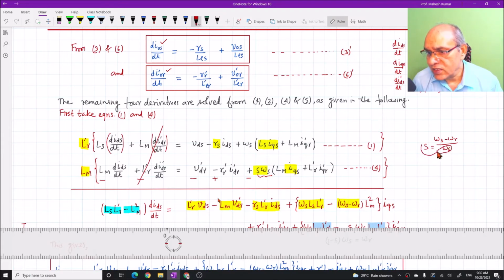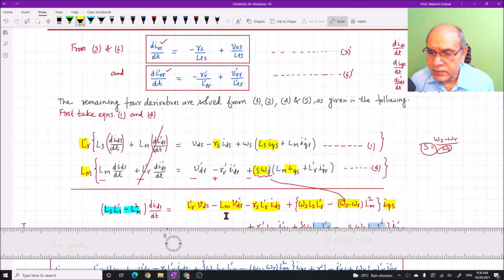S omega S is nothing but omega S minus omega R, so we have replaced S omega S by omega S minus omega R. So this is the IQS term.